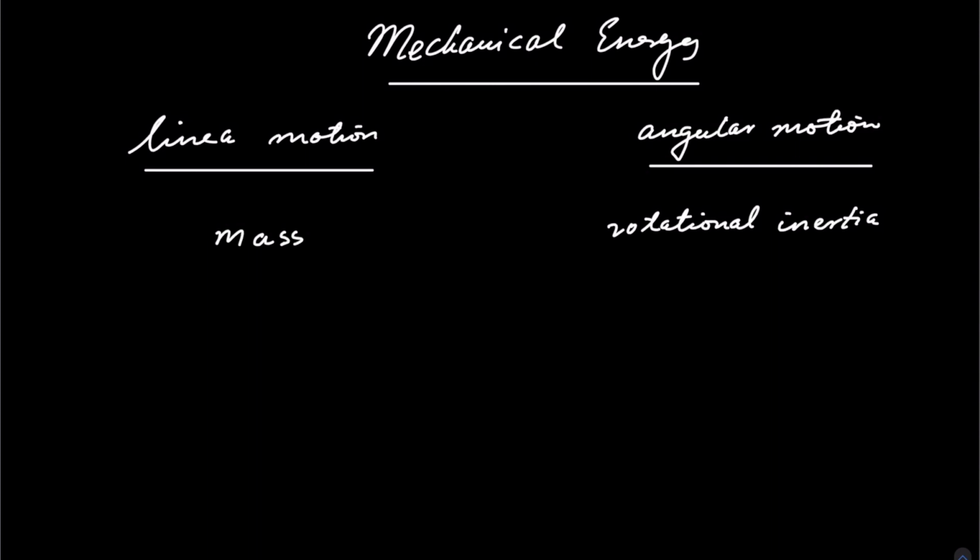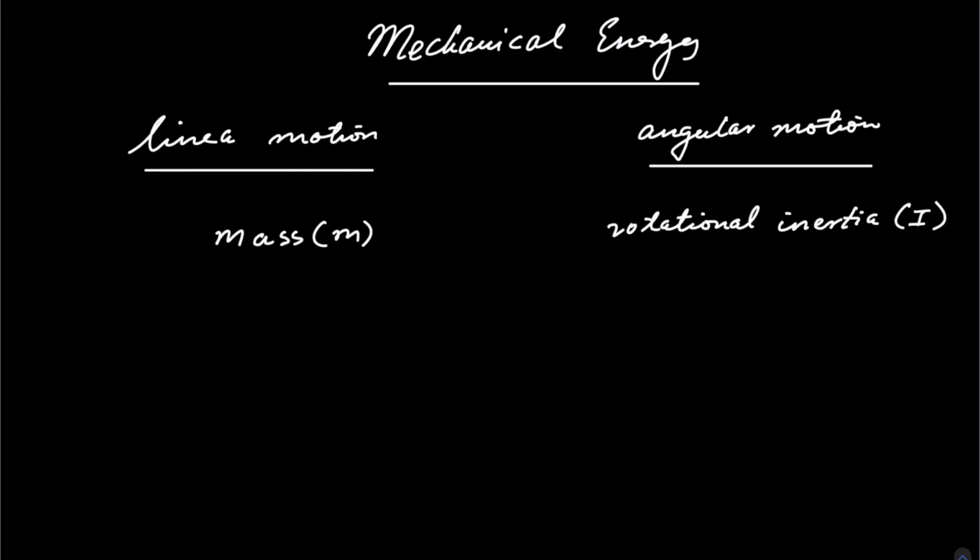Now, rotational inertia is basically the tendency of the object to resist a change in rotational motion. But in formulas or in calculations, for linear motion, we will literally just use that mass m, and for rotational motion, we will use what we refer to as rotational inertia, which is I.